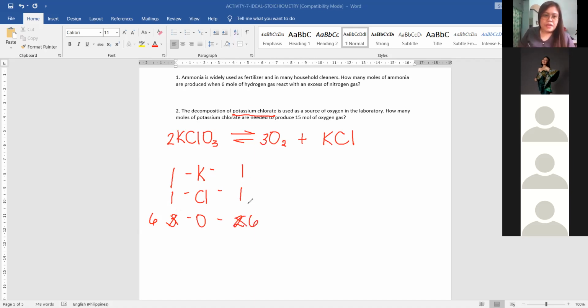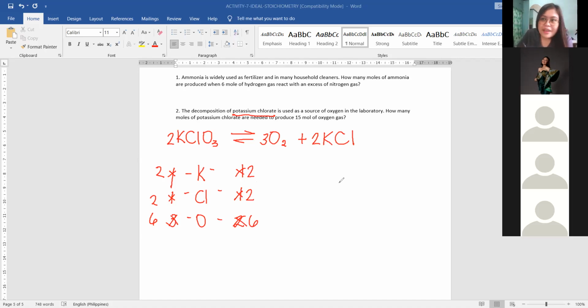But the problem is, si potassium nahimog 2, si chlorine nahimo sad og 2. So, what we are going to do here is we place 2 also here para nahimo ni siyang 2. Chlorine also becomes 2. Therefore, if potassium chlorate decomposes, it will yield 3 moles of oxygen and 2 moles of potassium chloride. So, okay na ang atoang balanced chemical equation.